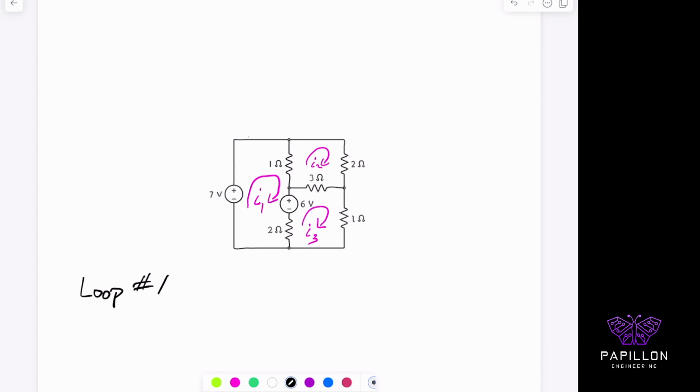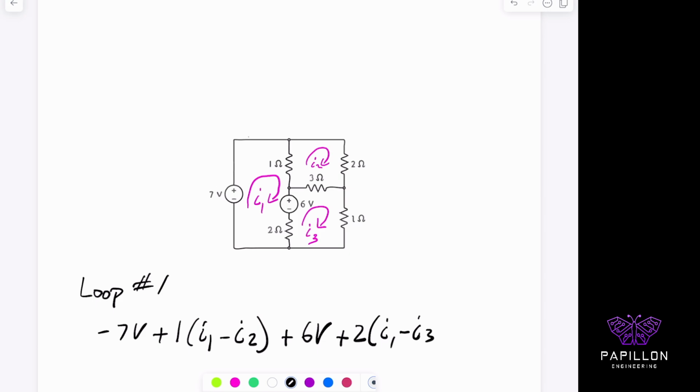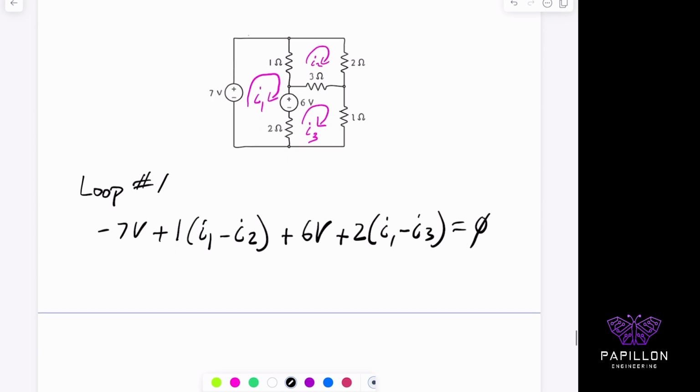Loop number 1's equation is going to be minus 7 volts plus 1 times I1 minus I2, I'm in loop 1, plus 6 volts plus 2 times I1 minus I3, still in I1, all of that equals 0. Okay, I can simplify that as well. So, just trying to simplify this as best as we can.